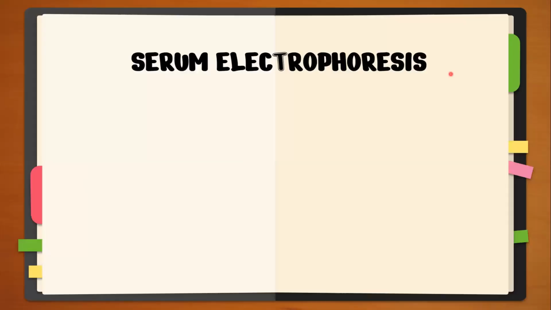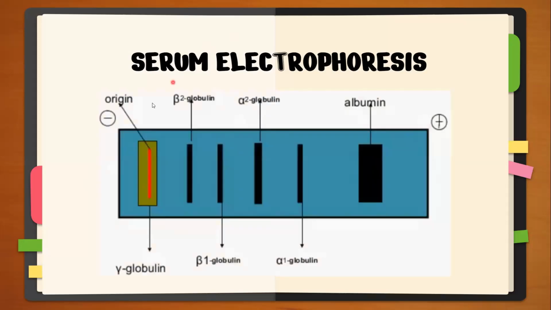So firstly, I want to tell you about serum electrophoresis. Basically, when you put serum in the presence of two electrodes, that is, you let the particles migrate under the influence of the electric field, we observe such a pattern. This is the origin, and from here is the negative terminal, then the positive terminal.